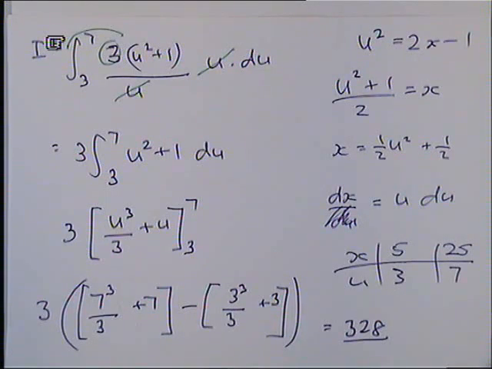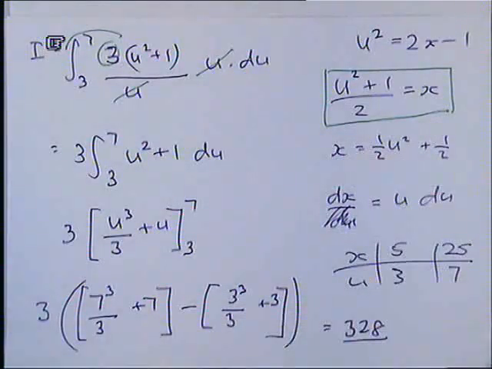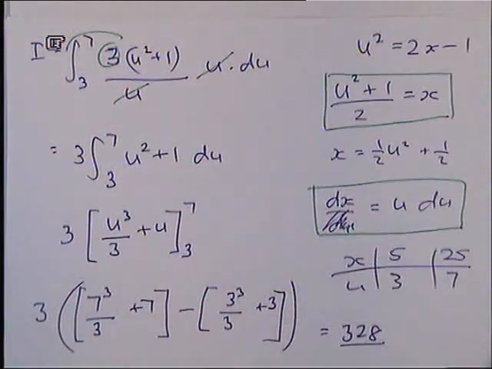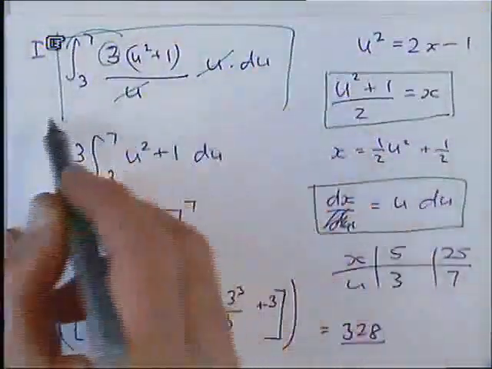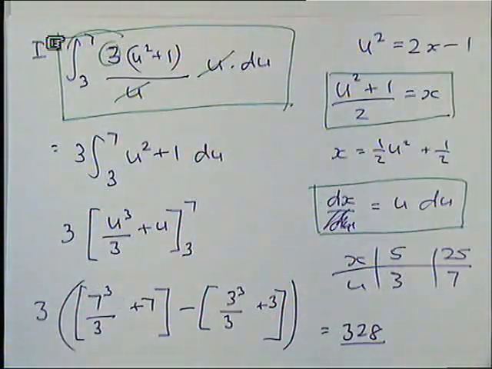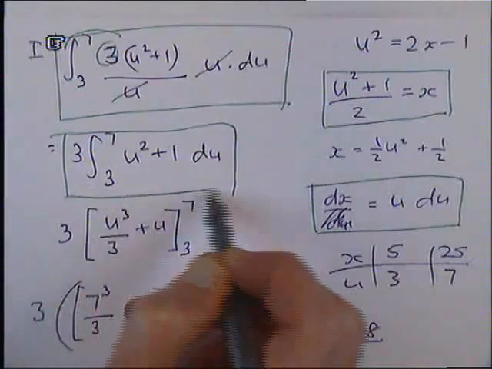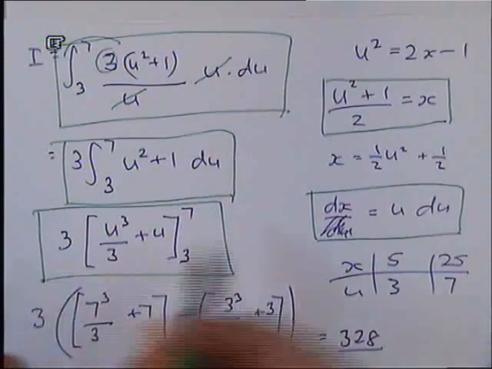Right, the mark scheme is giving. Let's have a look. 1 mark for working out what x is. 1 mark for working out that relationship there. 1 mark for that line. 1 mark for effectively that line. 2 marks for that.